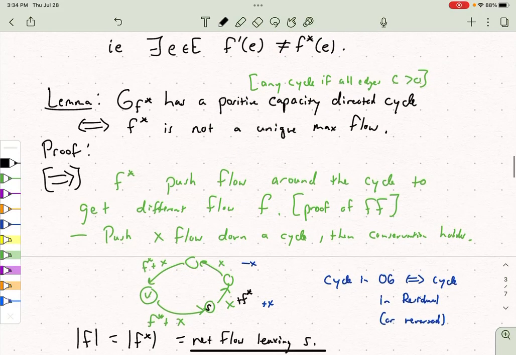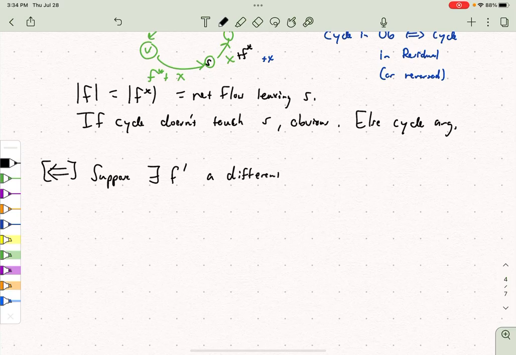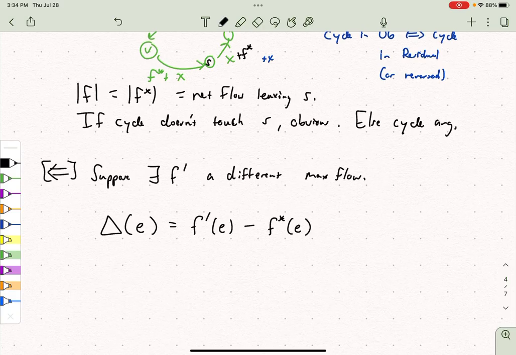Now the hard part is, if there's no unique flow, can we construct or find a cycle? Let's suppose there exists f prime, a different max flow. If such an f prime exists, let's consider the difference function, delta of E, which is f prime of E minus f star of E. For each edge, this quantifies how different the flows are on that edge of f prime versus f star.